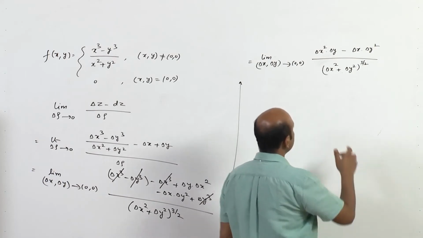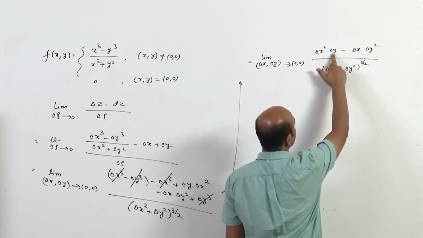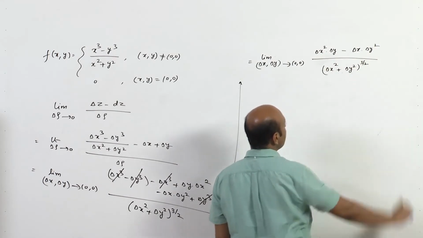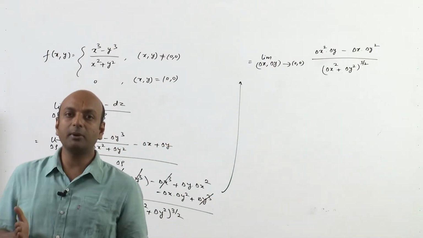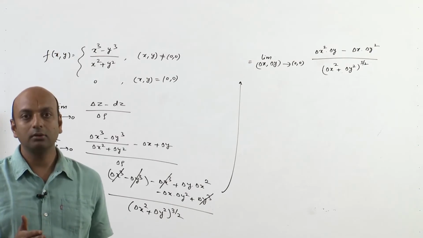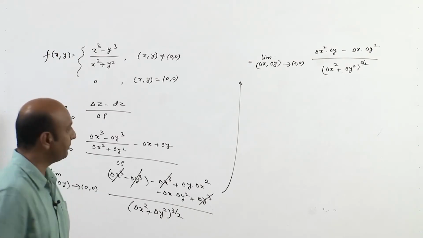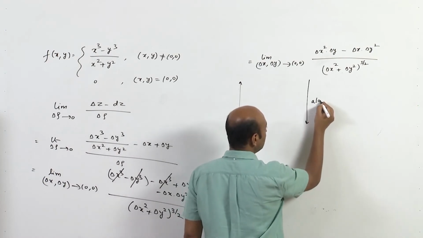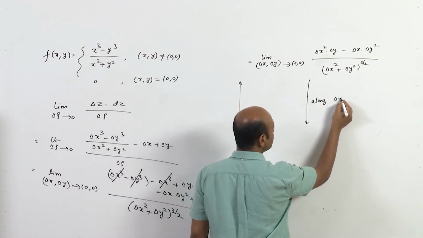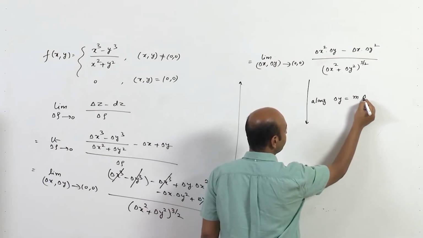So, you can easily see that the power of the numerator is 3, and the power of the denominator is also 3. So, if we take a linear path, it will come out to be dependent on the parameter m. So, move along delta y equals m delta x.